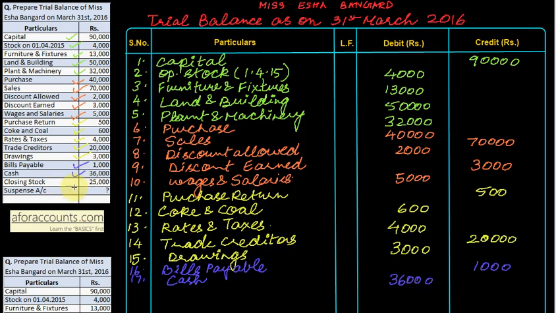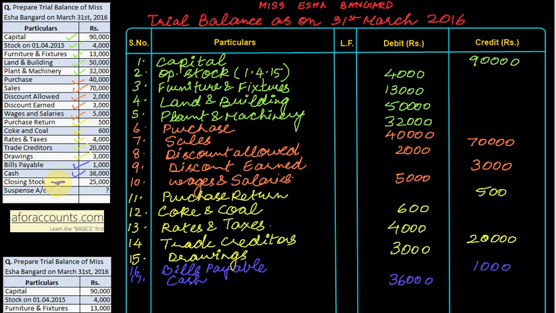Closing stock 25,000. Now this is a big trap. Pay attention over here. Closing stock. First, closing stock is used when making the trading and profit and loss account and balance sheet. So trading account is where you put the closing stock. Closing stock is already adjusted before you make the trial balance. If closing stock is given in the trial balance, your trial balance will never agree.